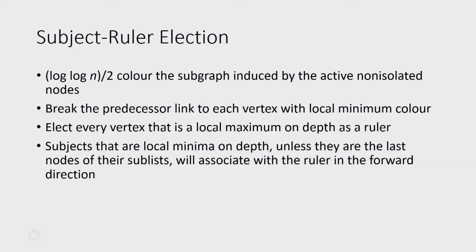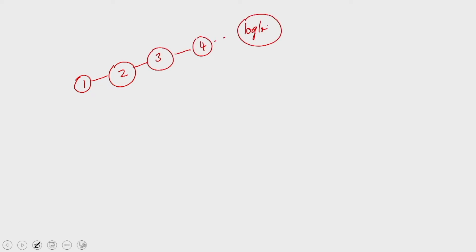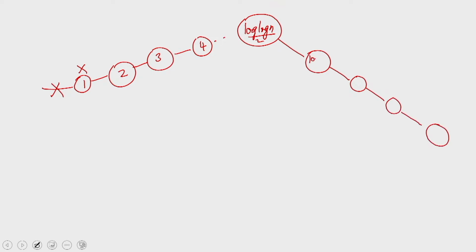So, as we explained in the previous class, when we have local minima identified as nodes at which the predecessor link should be cut, the maximum length that we can have is of the sort. The longest stretch of vertices that we can have would be something like this.